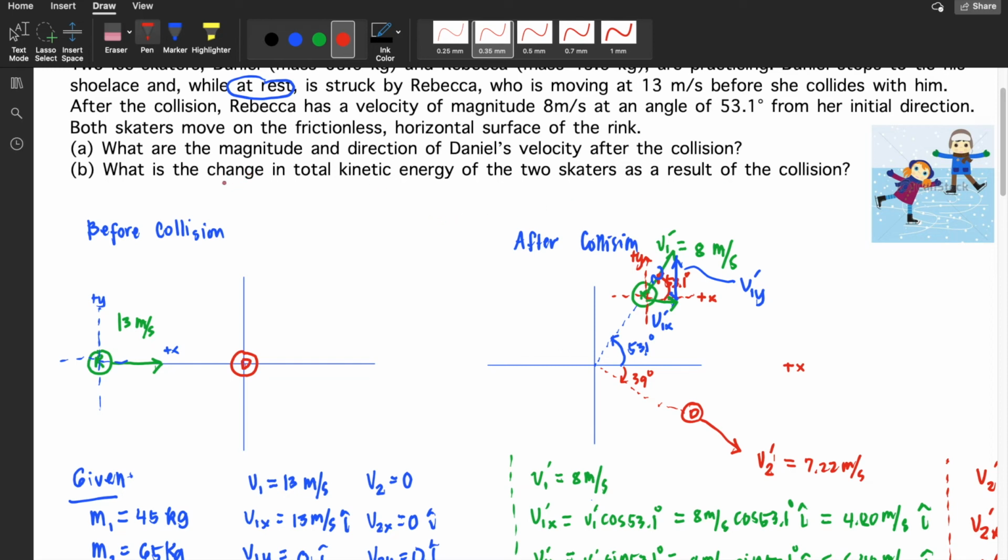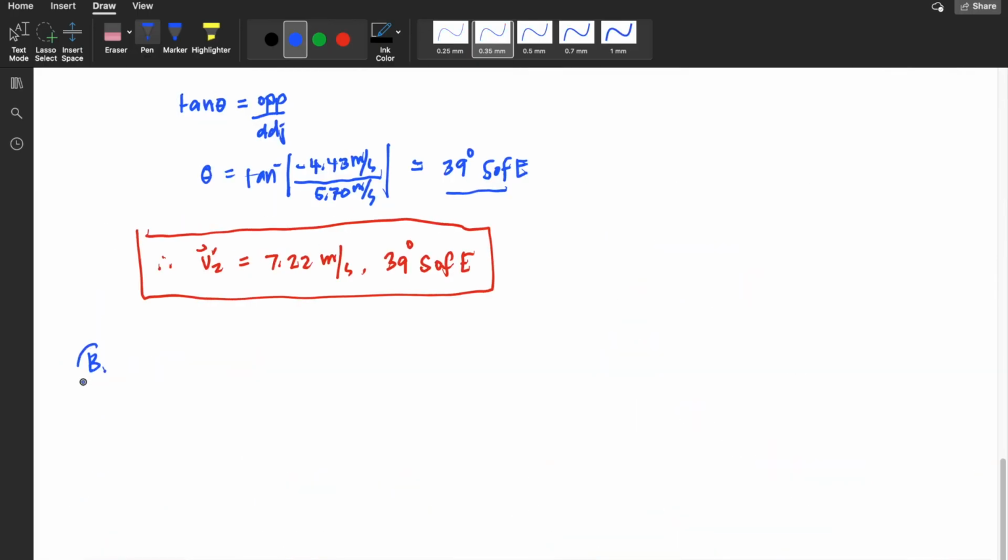So when we say change, we need to say delta of the total kinetic energy. So again, when we say change, it's asking for its final kinetic energy minus the initial kinetic energy of the system. For letter B, it's asking for the total change of the kinetic energy.